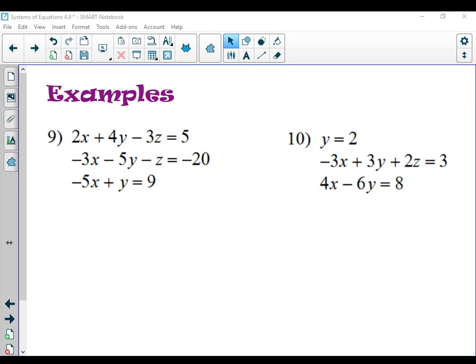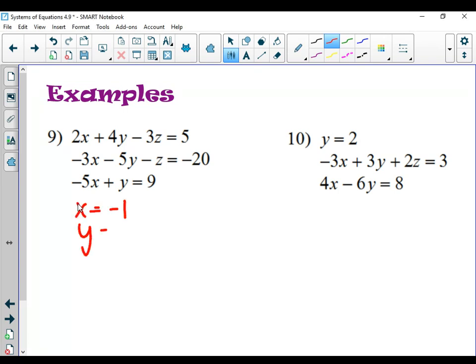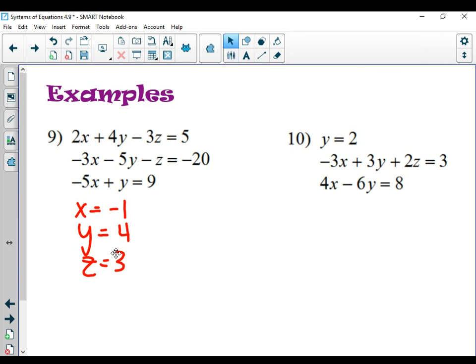It does it for me, okay? So this particular one, we should get that x equals -1, y is 4, and z is 3, right? Yeah. Okay.